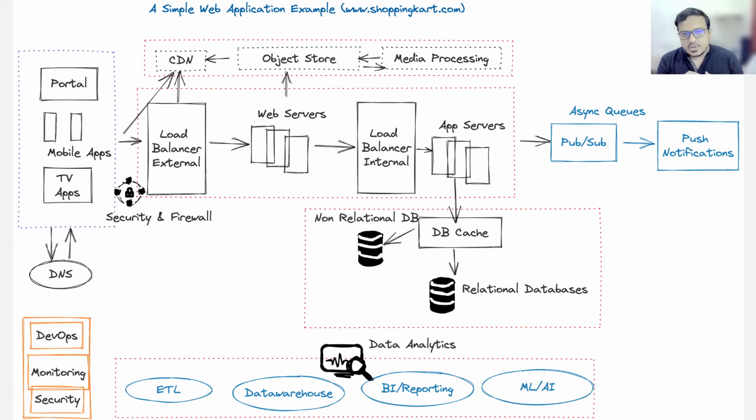So based on the user's location, geolocation, the static files are served from that particular edge cache. So it's faster for the user, so he can quickly download them to his system and use them. So that is what CDN is about.